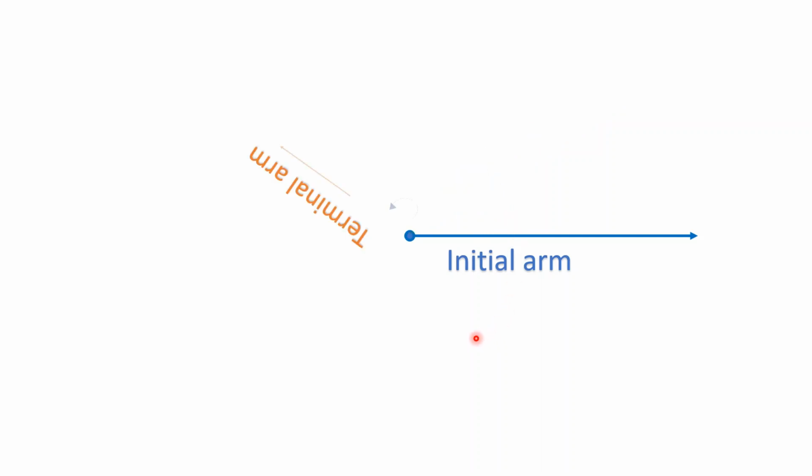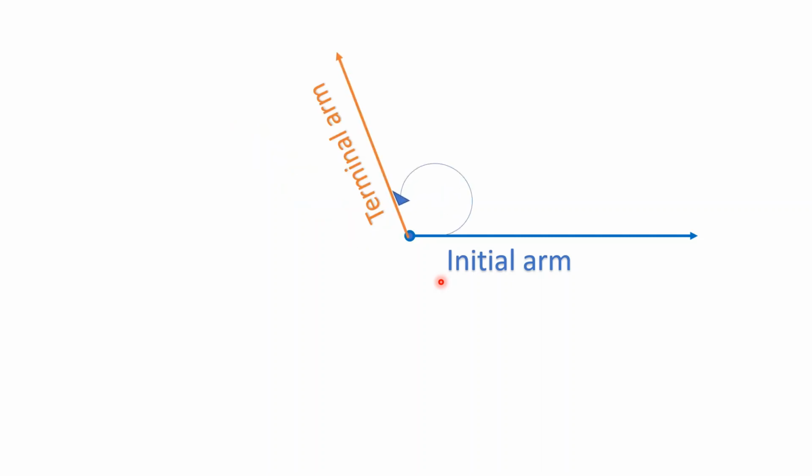If we change the position of the terminal arm, the amount of rotation also changes, and hence measure of angle also changes. Let us change the position of terminal arm again. Here you can see that amount of rotation is little less than the previous one. So measure of this angle is less than the previous angle.